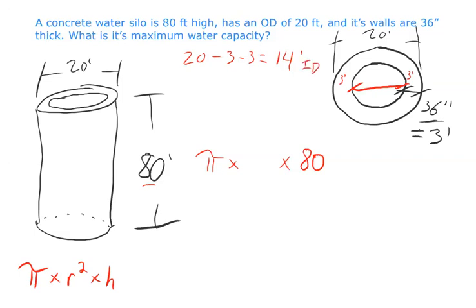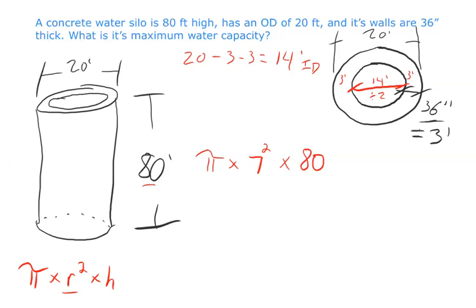All right, 14 feet, perfect. But we need radius squared, so it is half of 14, so it is actually 7. So our radius is 7, right? 14 divided by 2, that's my radius. So pi times 7 squared times 80.